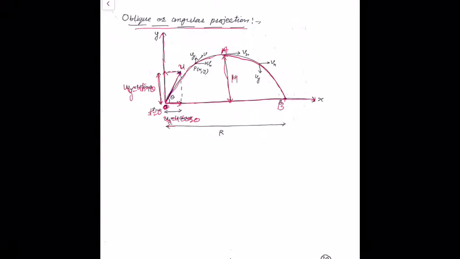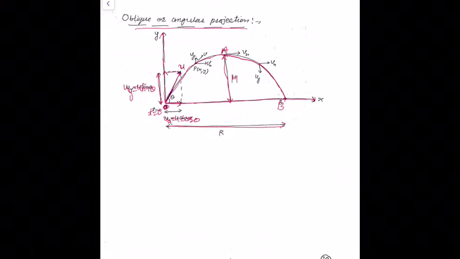Here it is maximum height. Here it is range, represent with capital R. X-axis, Y-axis. Here highest position at point A. Suppose at point P at time t, here component of P is x, y.